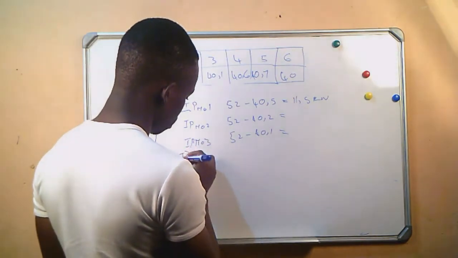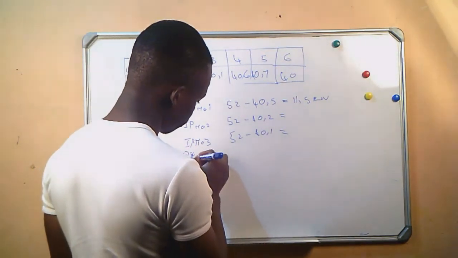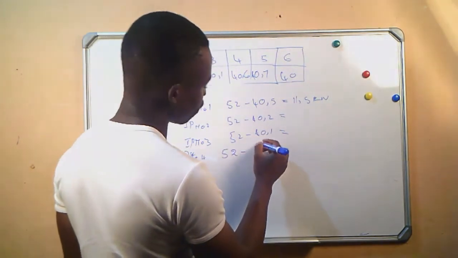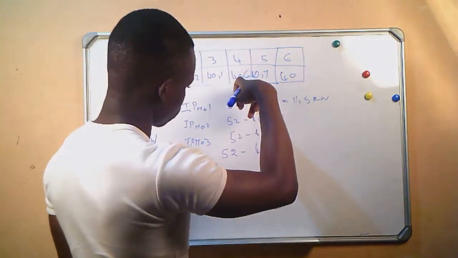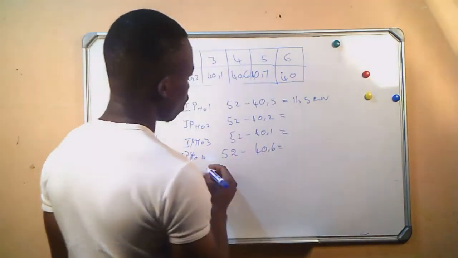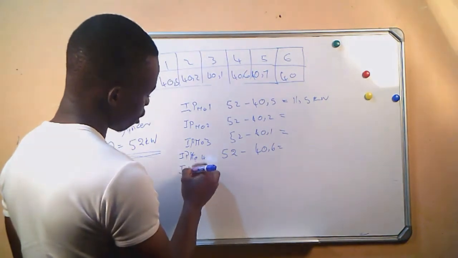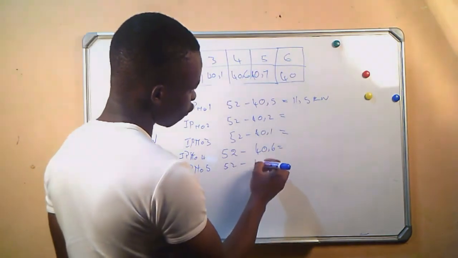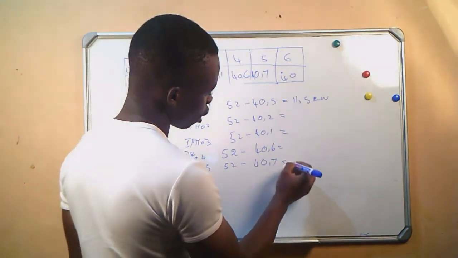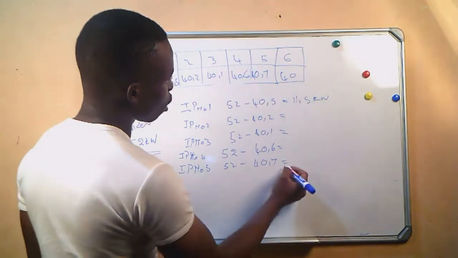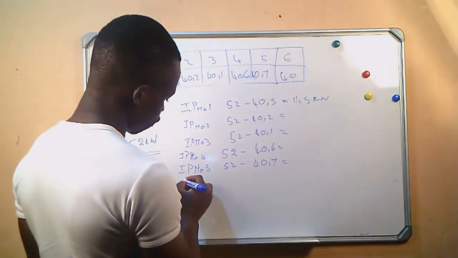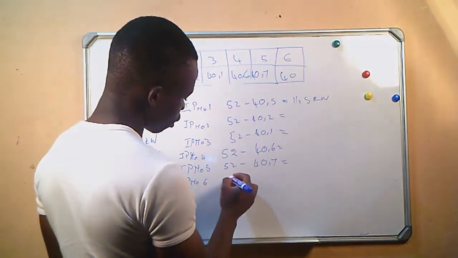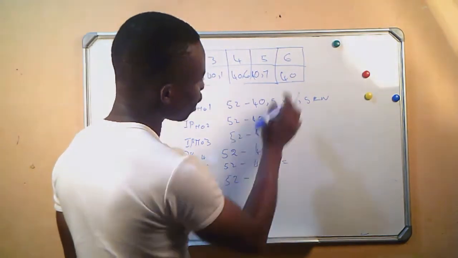IP number 4, 52 minus 40.6. And IP number 5, 52 minus 40.7. IP number 6, it's 52 minus 40.